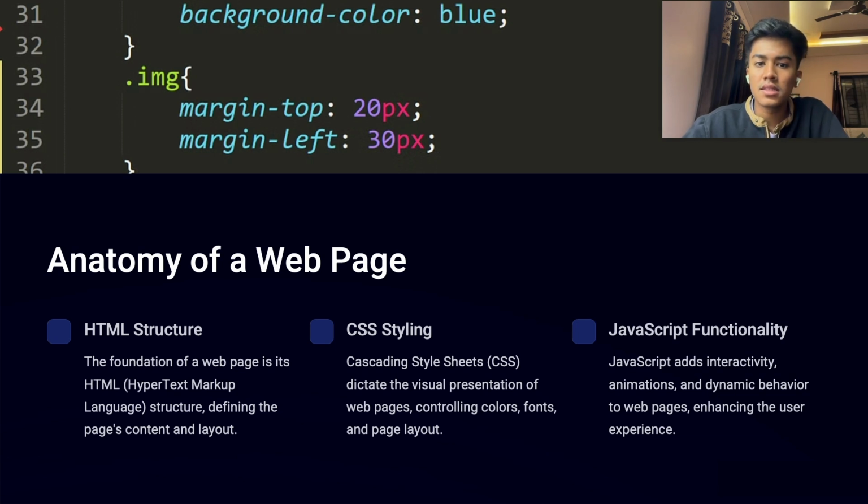CSS, Cascading Style Sheets, dictates the visual style, colors, fonts, and positioning of elements. JavaScript adds interactivity, animations, and dynamic behavior to the page. For example, if you see a button that changes color when you hover, that's likely done using JavaScript and CSS.